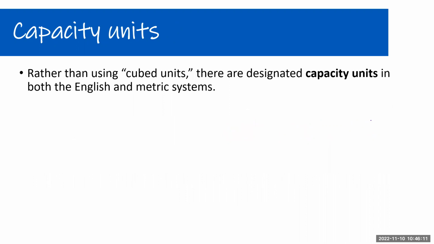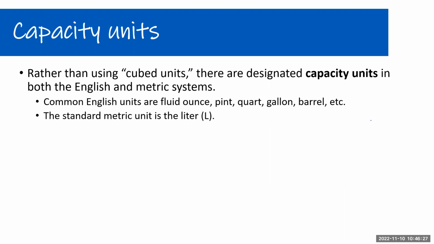So sometimes, rather than having those cubed units, we're going to have designated capacity units. They exist in both the English system and the metric system, okay? It's still, technically speaking, the amount of space taken up, but it's different from what we consider volume. In our English units, the most common capacity units are ounce, fluid ounce, okay?